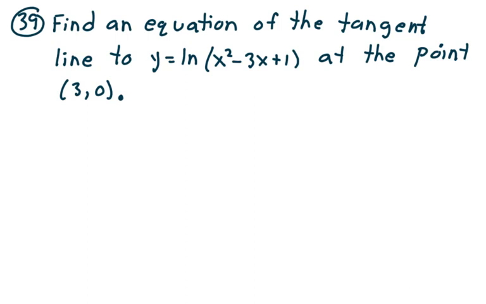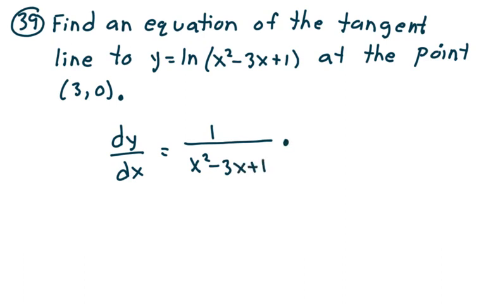And so what do I need to find the slope of the tangent line? I need to find dy dx. So dy dx is 1 over x squared minus 3x plus 1 times, right? The derivative of the inside function, which in this case is the derivative of x squared minus 3x plus 1 with respect to x.